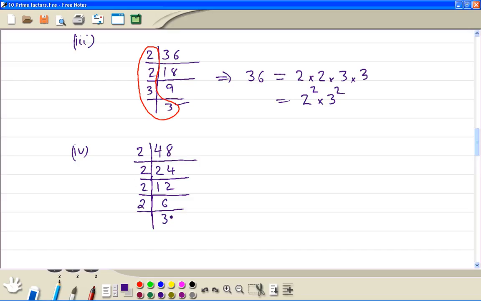Now it's 3. It's a prime number, so we stop. So therefore 48 is equal to 1, 2, 3, 4, so 2 times 2 times 2 times 2, then times 3. Which can also be written as 2 to the power 4 times 3.